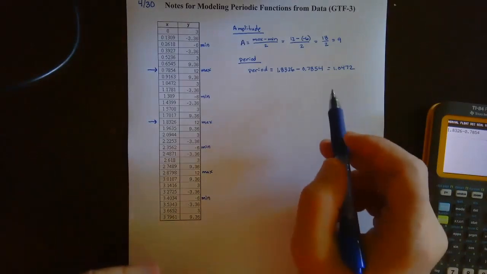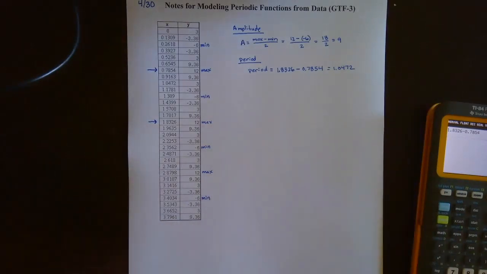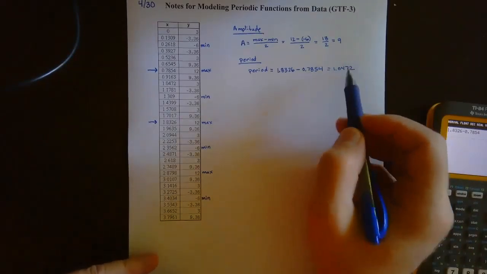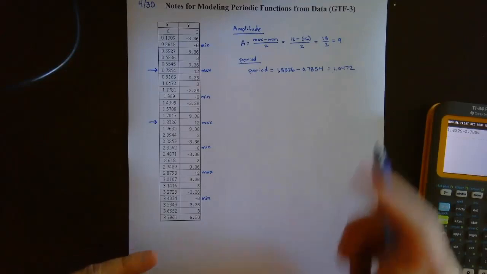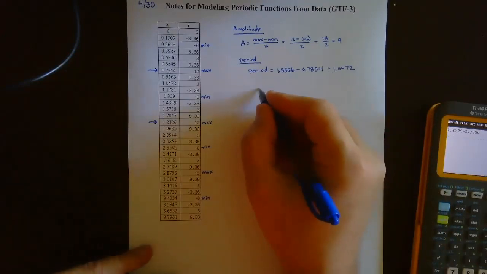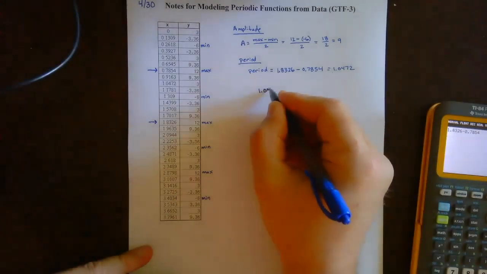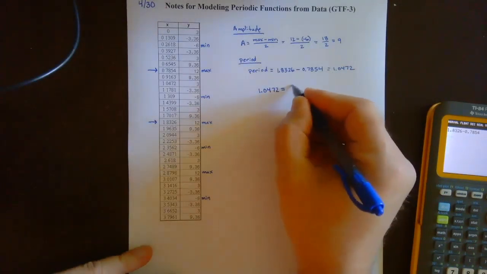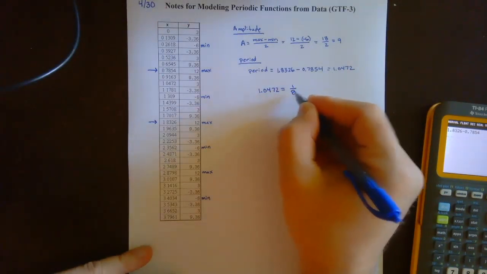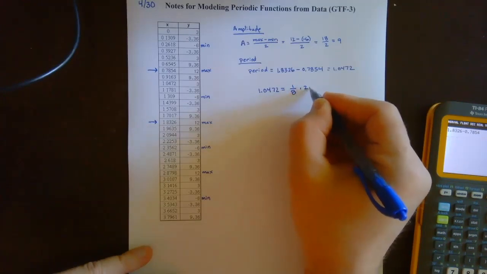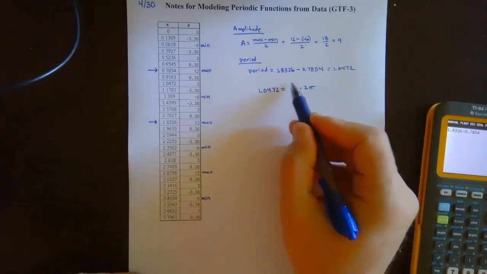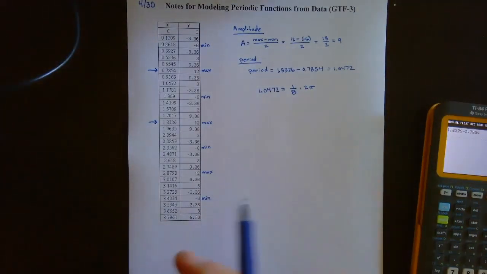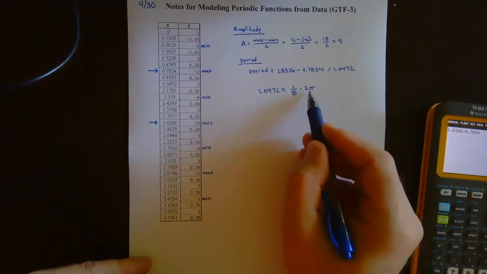That's our new period. And the normal period is 2 pi. The period has now become this. So I've done something to that 2 pi to get this. So I have 1.0472 has to equal 1 over b times 2 pi. So this is our b value in our function. We always multiply by the reciprocal of that, times 2 pi.